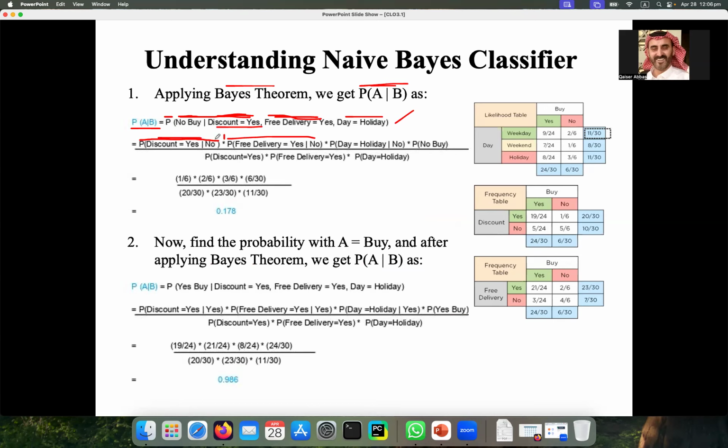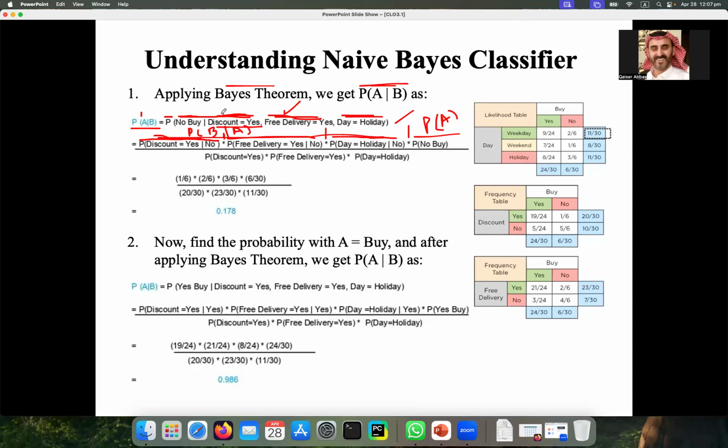Probability of discount equal to yes given no, and then multiplied by probability of free delivery yes given no. And then for the last one, multiplied by probability of day equal to holiday given no. Multiplied by only the last A, probability of no buy, according to the equation, multiplied by probability of A. This is probability of A. And this whole thing that you have here is basically probability of B given A, written separately for each component.